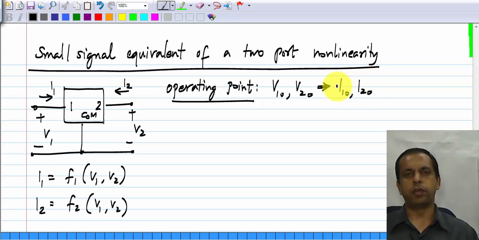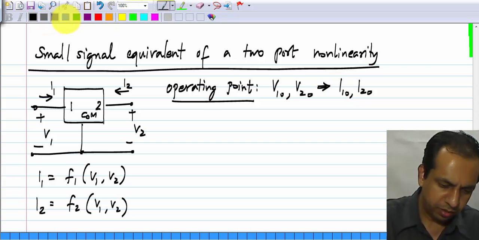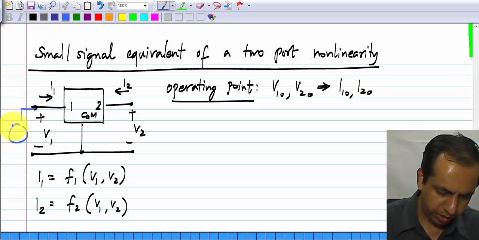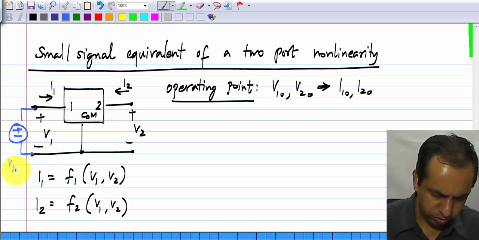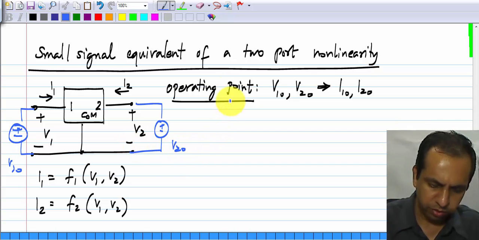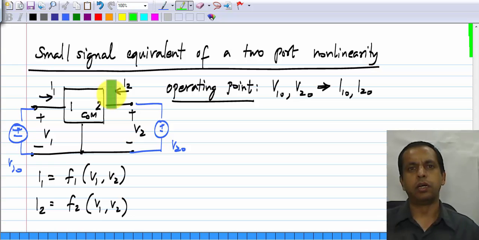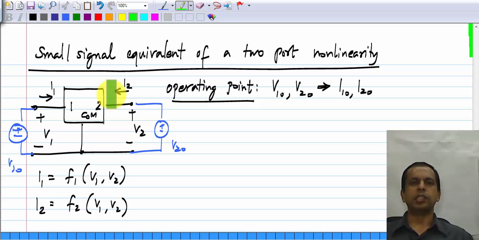You can think of this in many different ways. You can imagine that you have connected voltage sources V1 0 or V2 0, and these give you currents which are I1 0 and I2 0. But it does not have to be like that.